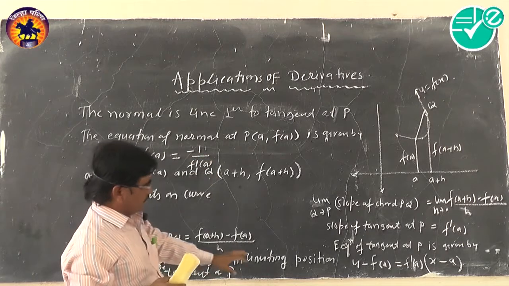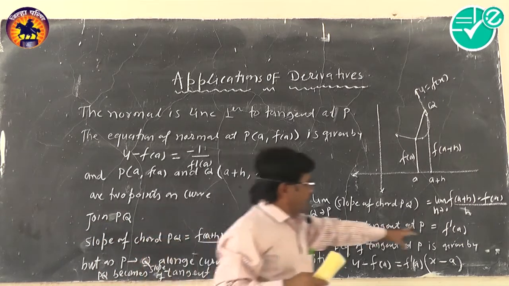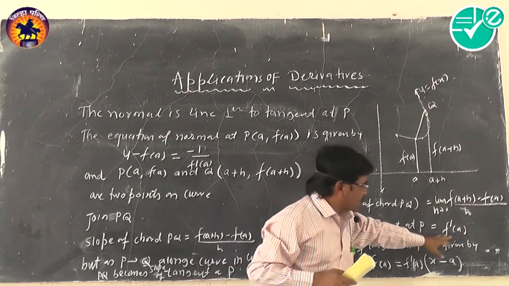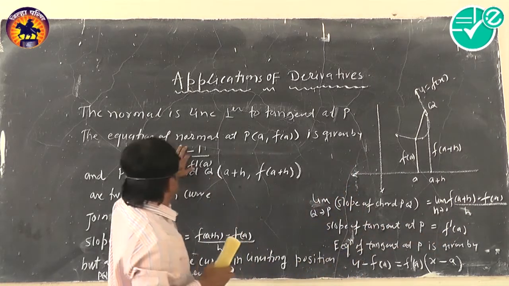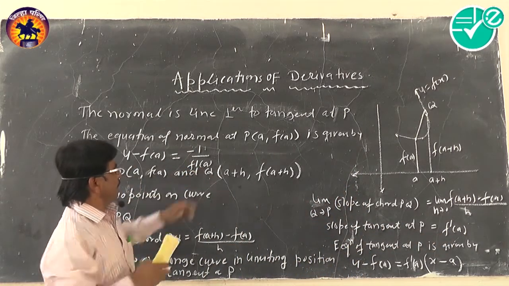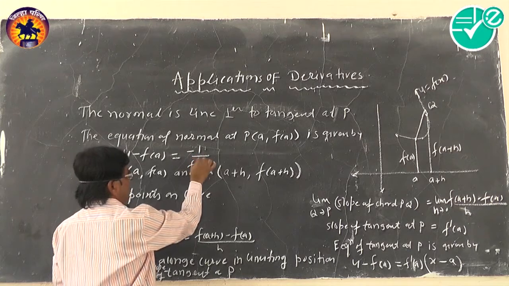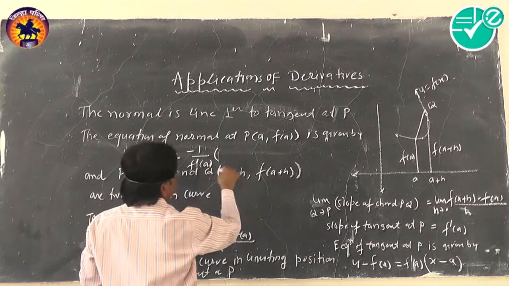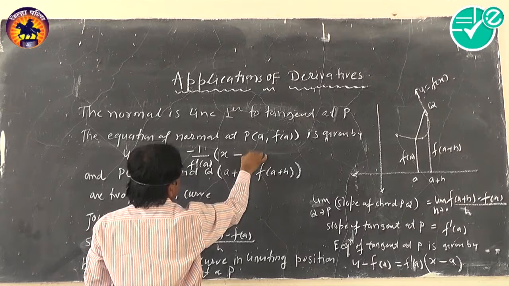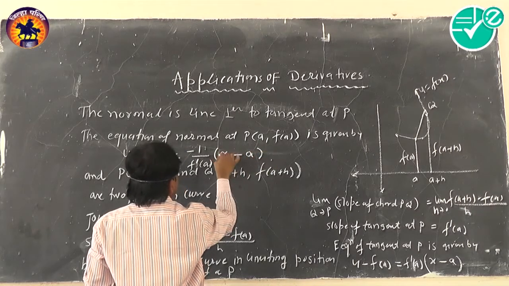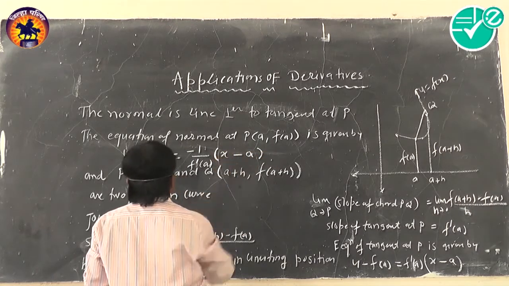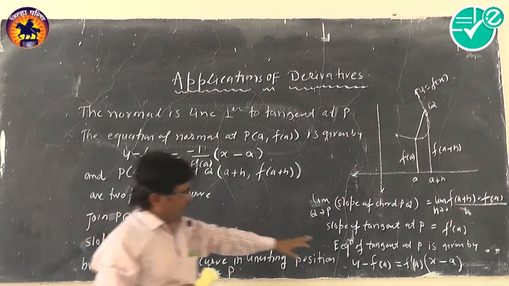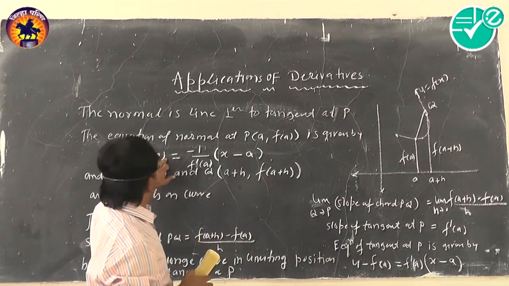If the slope of tangent is f dash of A, then the slope of normal is the reciprocal with the sign changed, that is minus 1 upon f dash of A, into x minus A. This is the equation of normal. This is the equation of tangent and this is the equation of normal.